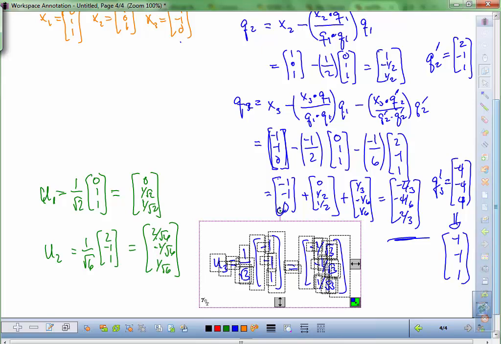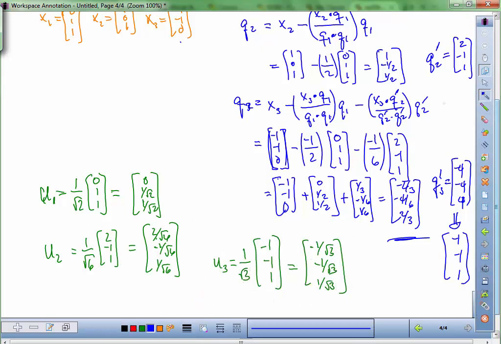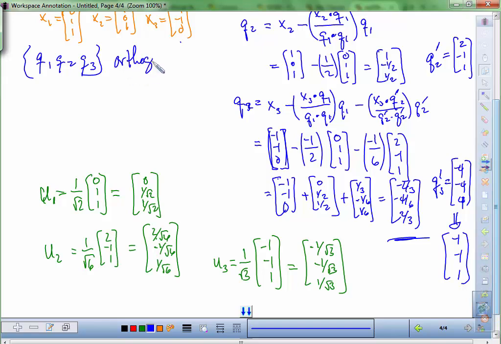So let's see if we can do a little quick summary here. Q1, Q2, Q3 is an orthogonal basis, and then U1, U2, U3 is an orthonormal basis.